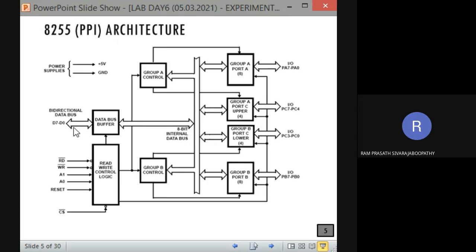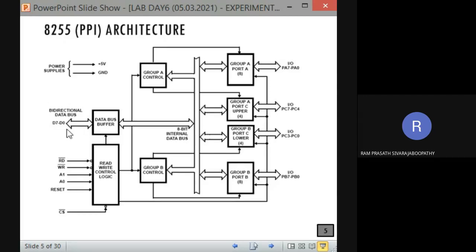Not through interrupt, Shivakumar. Now we are not speaking about that. Yes, very good, Anthony Surya. 8085 oda data bus oda in the data bus na kondu poi connect pannum. That's all. Very good. So D7 to D0 of 8255 has to be connected with D7 to D0 of the 8085 microprocessor. Fine.